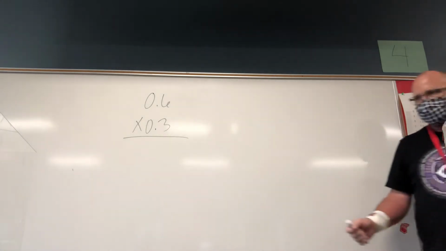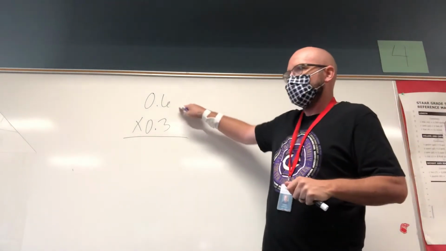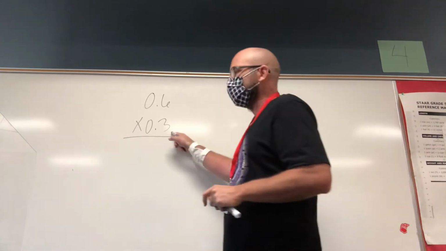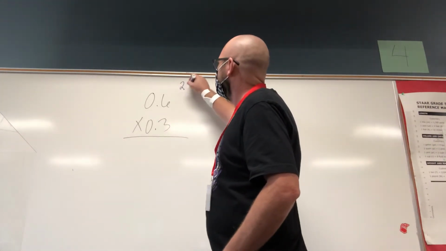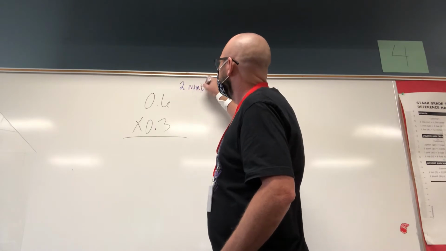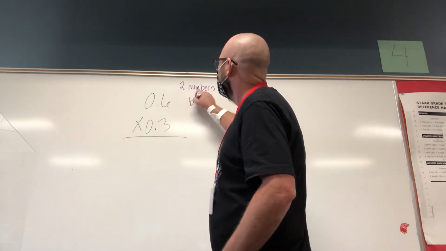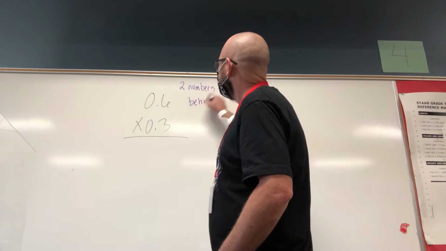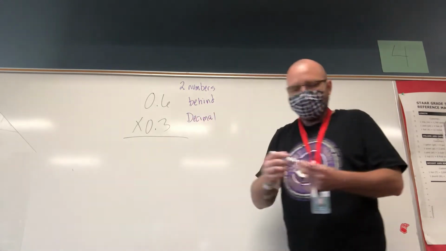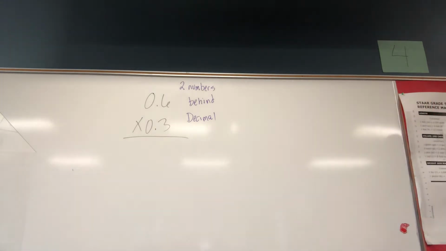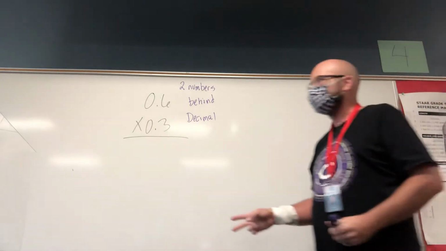Anyone? 1. Nope, that's for this factor. 2. Because there's a 3 behind the decimal and there's a 6 behind the decimal. So my answer, my product, has to have 2 numbers behind the decimal.